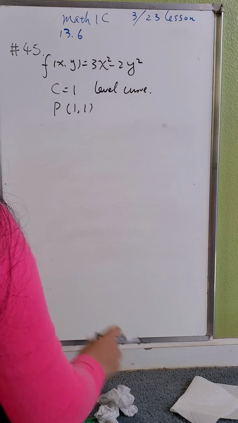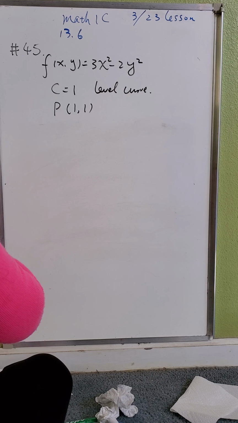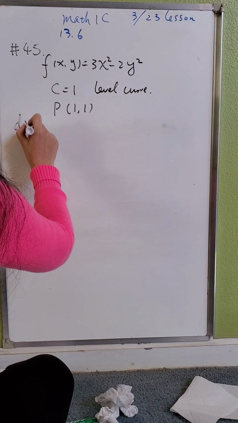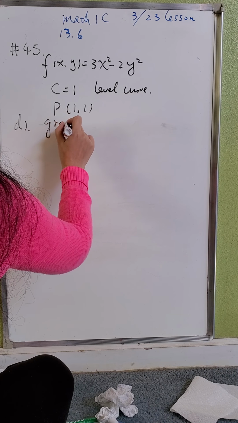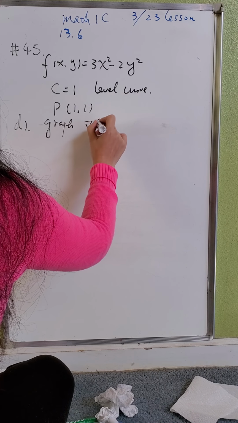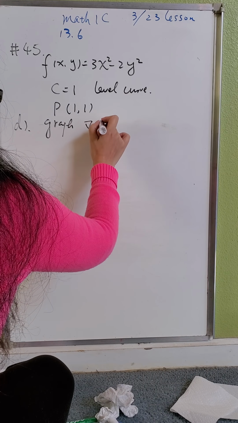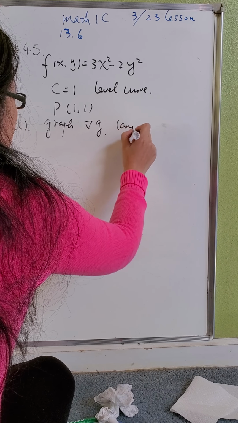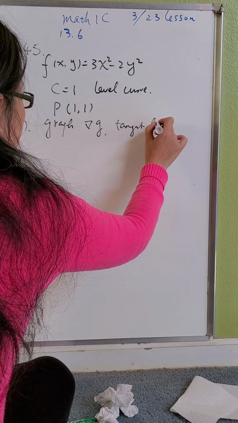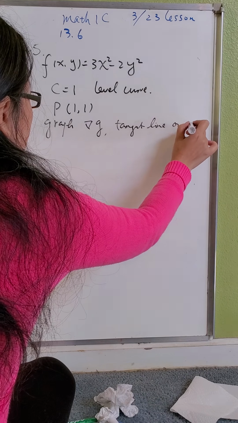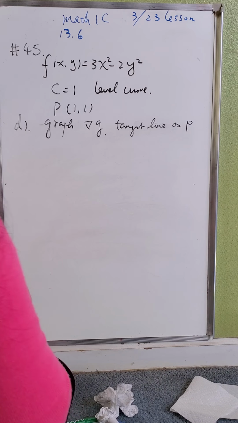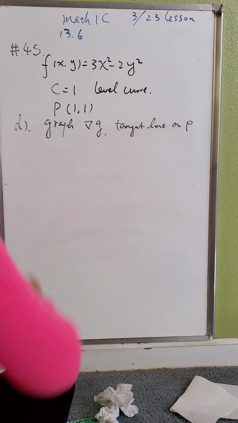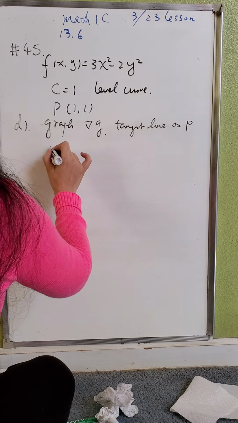Okay, so we are given the graph, del G, and the tangent line at P. So first we need to graph this one first. We want to see what this is.